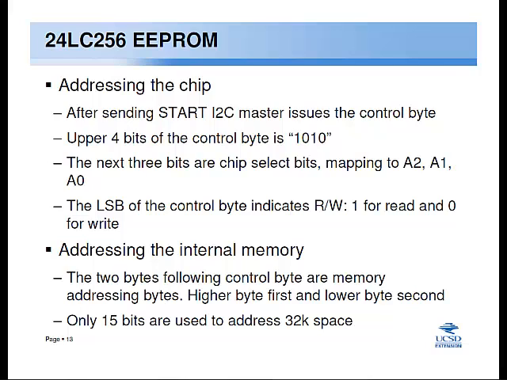So after start, it's going to send a control byte. In this control byte, the first 4 bits are always prefixed with 1010, and the next 3 bits are chip select bits. That's mapped to one of the 8 addresses. And remember, in the I2C case, that control byte is pretty much an address byte, right?